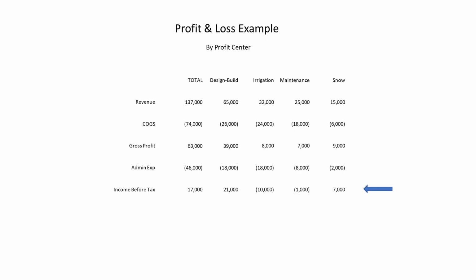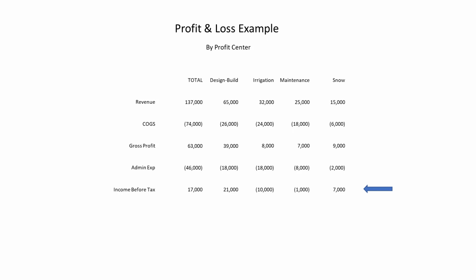Now, this is a very different story, of course. So if you look at it by the component parts, your first reaction is, okay, design build, that's great. But maybe I should emphasize that a little bit more than some of the other parts of my business. Or you look at irrigation and you'll want to determine what in the world is going on.